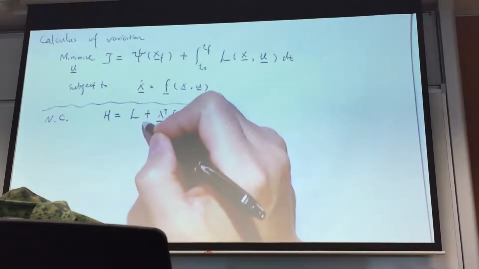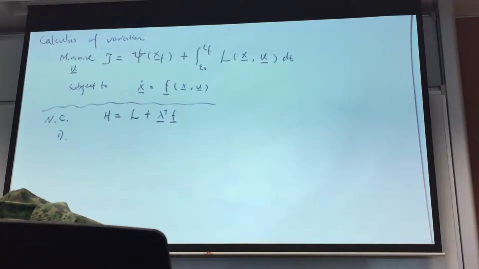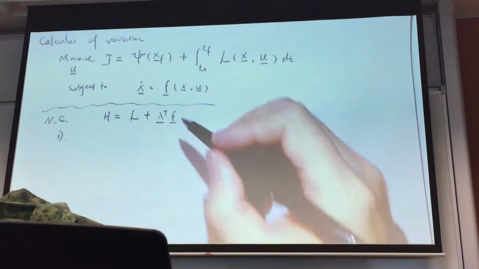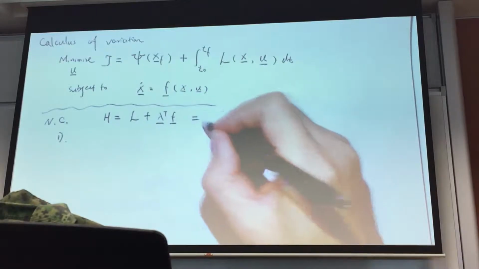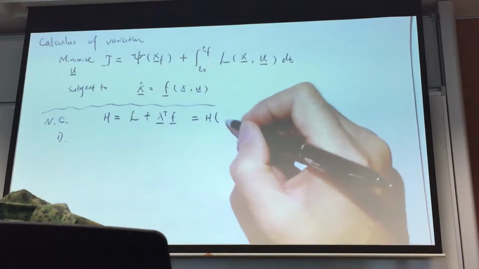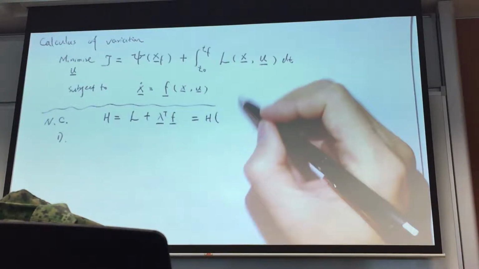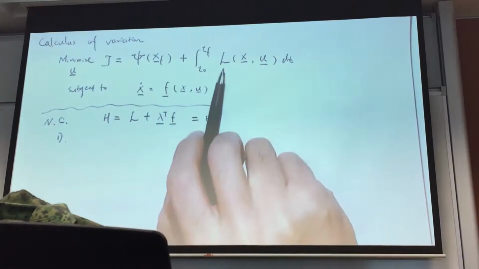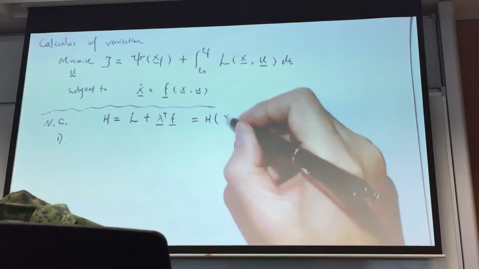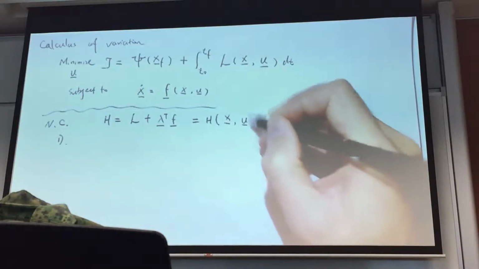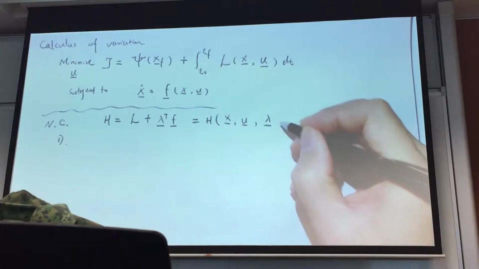Once the Hamiltonian is constructed, the following conditions are quite similar to before. Here we notice that this Hamiltonian depends on 3 sets of parameters. It must depend on x and u, because the L is here, and we also introduce the lambda here, so it also depends on lambda.